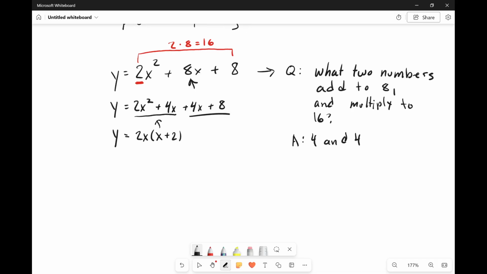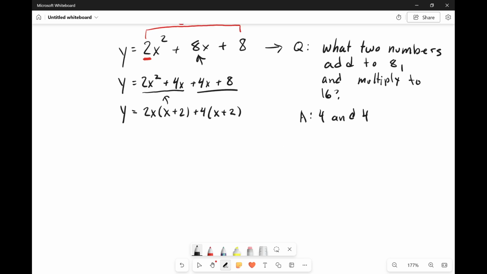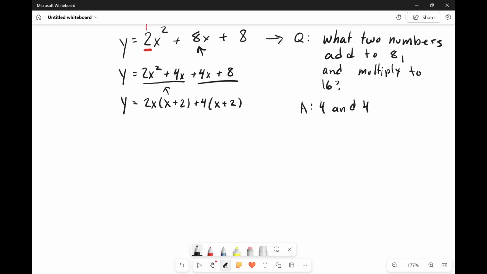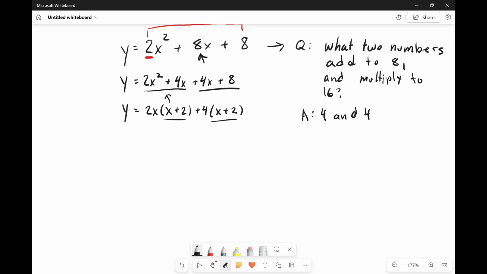And then here, we can factor out a 4, so plus 4, x plus 2. Next, what we can do is we can say, hey, what if we factored out our x plus 2 from the whole statement? So what we can say is y equals x plus 2, 2x plus 4.